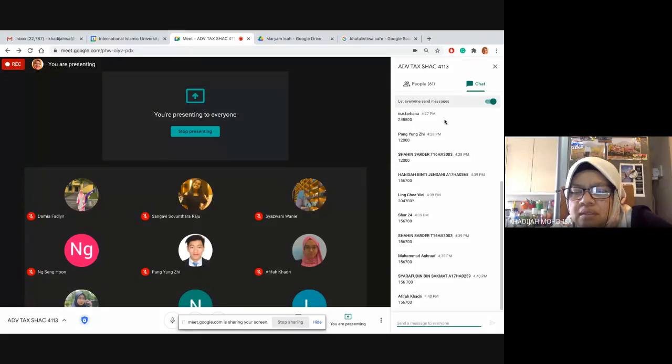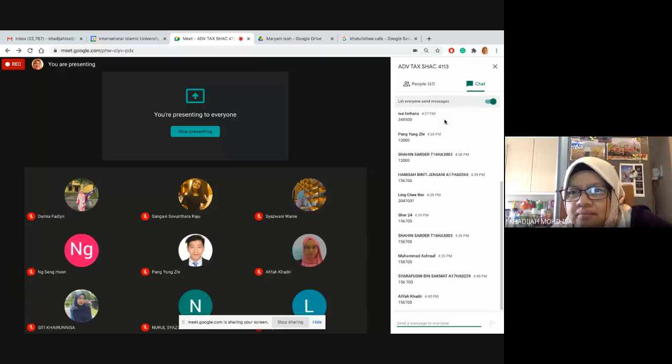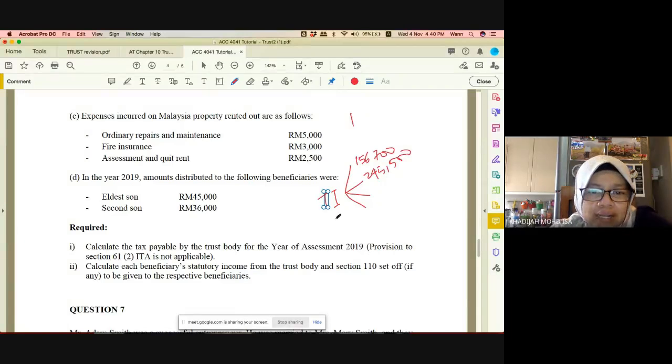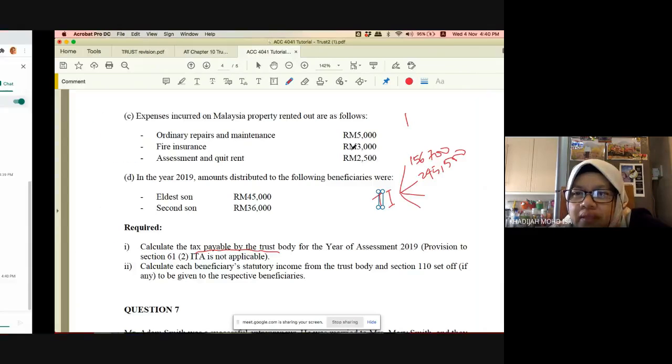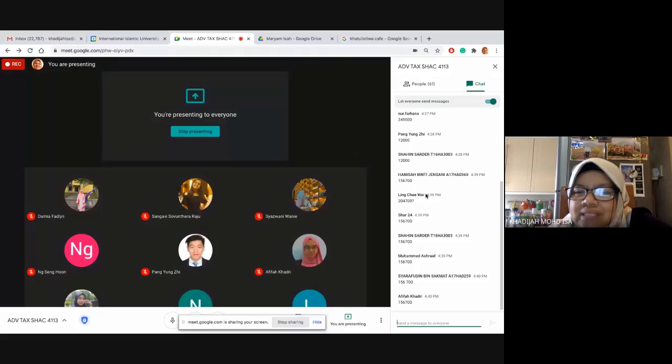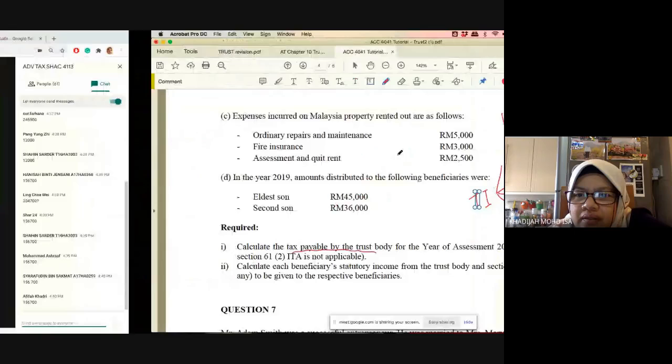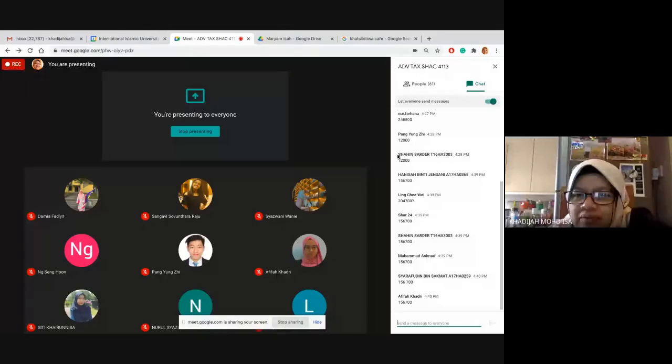That's too little, 12,000. 245,500. Oh no, this one is for the annuity. The previous question. There should be a tax payable by the trust body question. Sorry, total income please. 204,700. 156,700, 156,700. Okay.